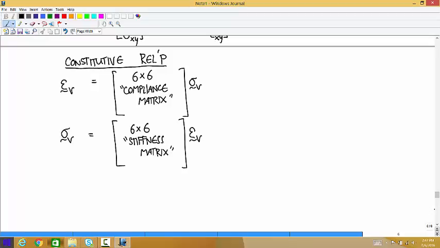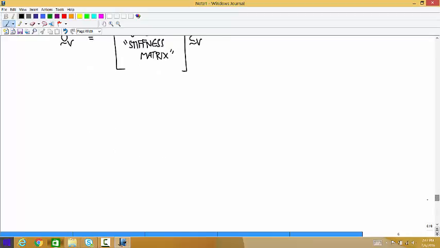Okay, so a 6 by 6 matrix defining a material is bad news. That suggests that you have to do 36 careful tests of a material to figure out what the material properties are. The good news is that if your material is isotropic, you can represent these entire 36 values in terms of only 2 parameters, and those 2 parameters are really easy to measure. And I'll talk about the tensile test that you do to measure those 2 parameters.